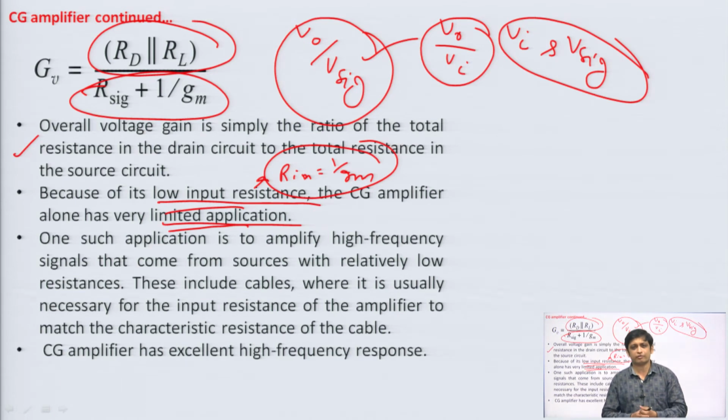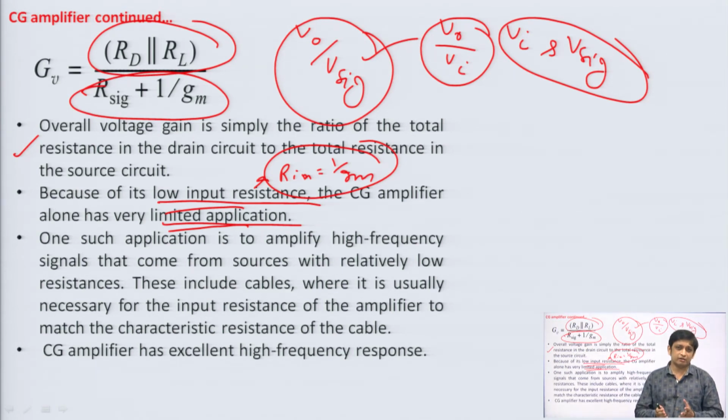So, common gate is of course not preferred for voltage amplifier, but in coaxial cable, like I had discussed in the common base amplifier, you can refer that class. In coaxial cables, the characteristic impedance is very small, in the range of 50 ohm to 75 ohm, fine.